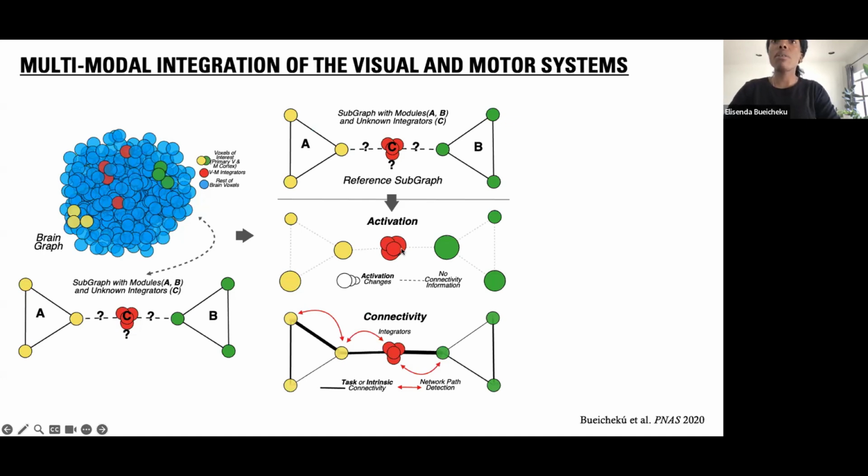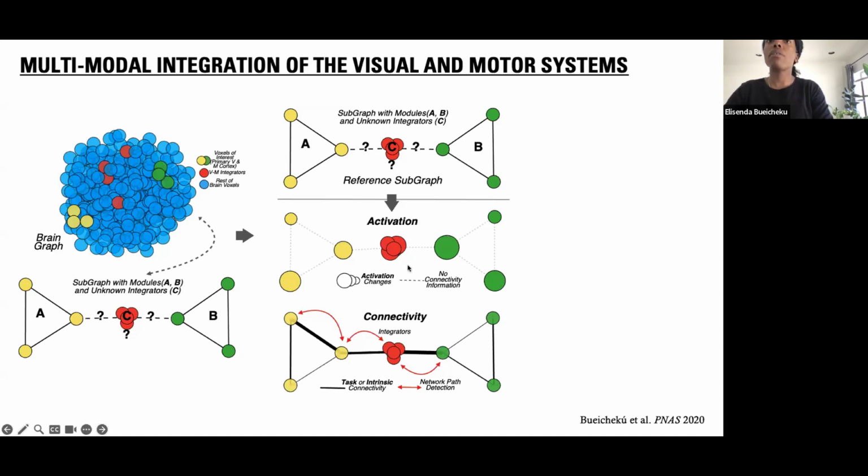So we use neuroimaging, we use task fMRI, and then we use task connectivity and resting state connectivity to define where the visual motor integration system is. With task activation, what we wanted to do is to make sure that we were measuring where the primary visual areas implicated in a specific visual motor task were located and where the motor areas were located. However, task activation doesn't really tell us anything about how the areas are related in the brain.